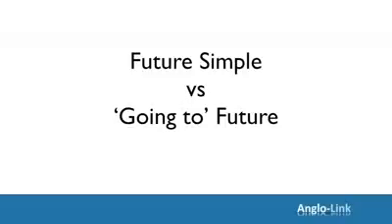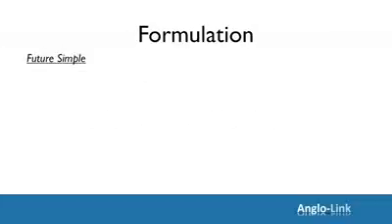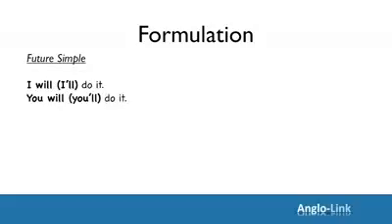Right. Future simple and going to future. Let's look at formulation first. Now, future simple is really the simplest tense in English. Just add will to your pronoun and then the infinitive. So, I'll do it.